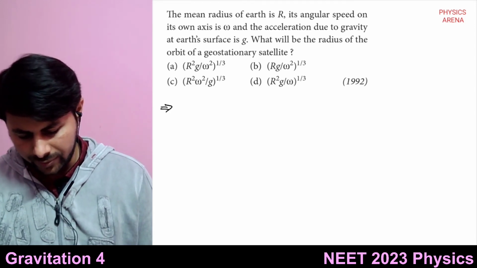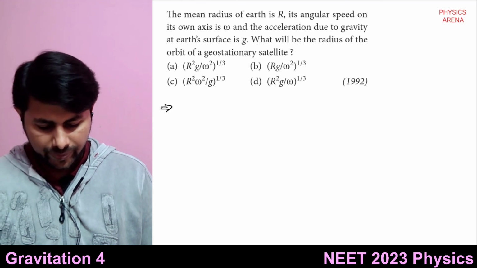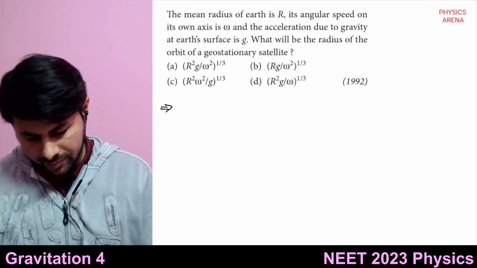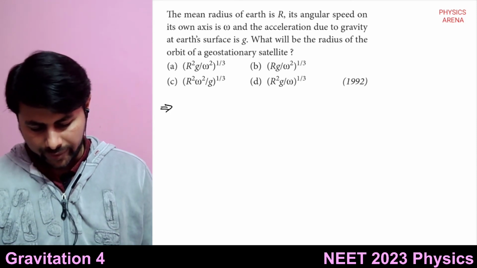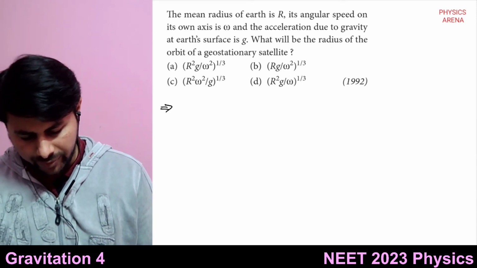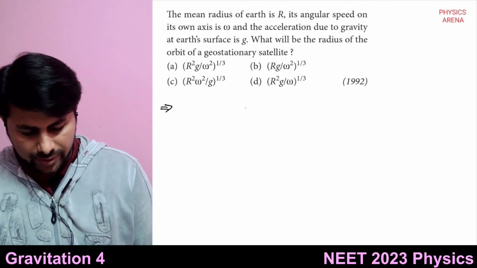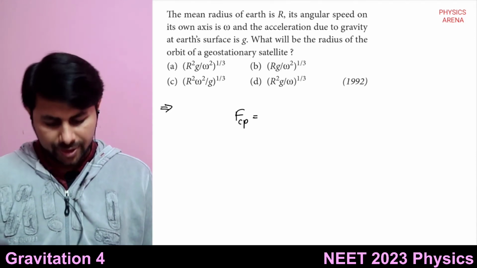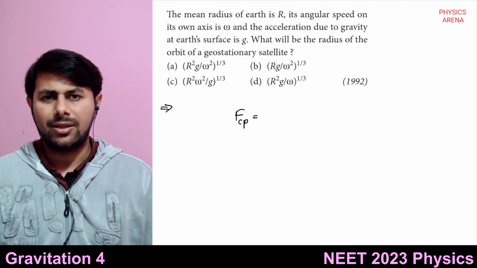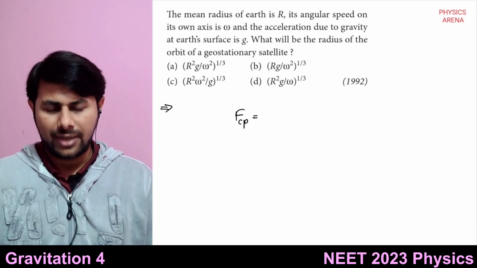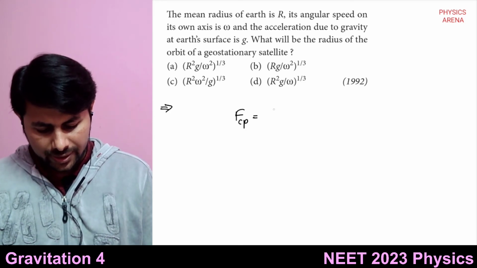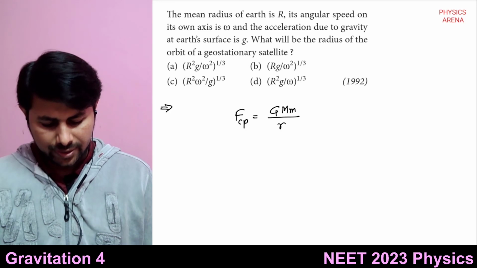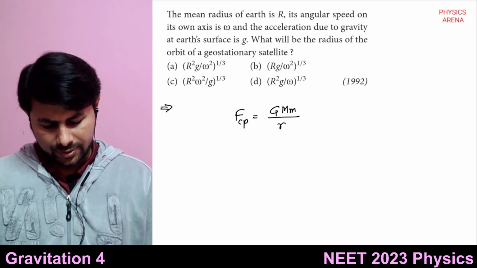Okay, so now what can we say? For revolution of the satellite, the centripetal force is provided by the gravitational force, right? So F_cp is equal to GMm upon r square.